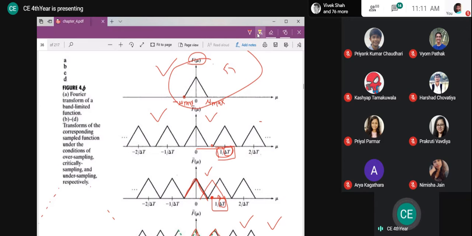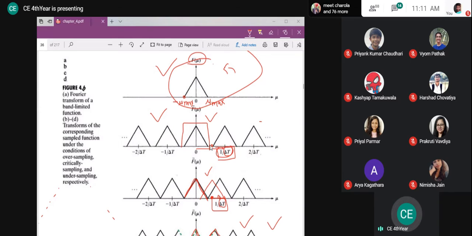What is a filter? A filter will pass some frequencies and suppress other frequencies. So I will use a filter which will pass only these frequencies, and no other frequencies. It will suppress all other frequencies. So this is actually low pass.